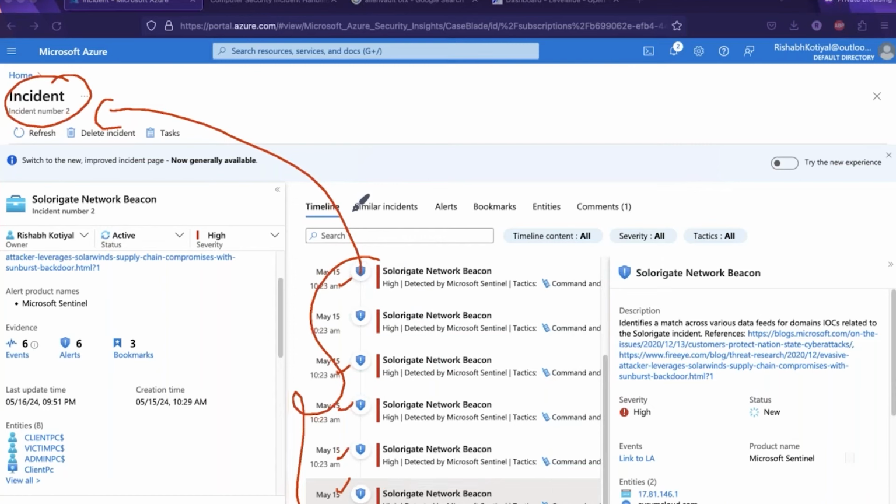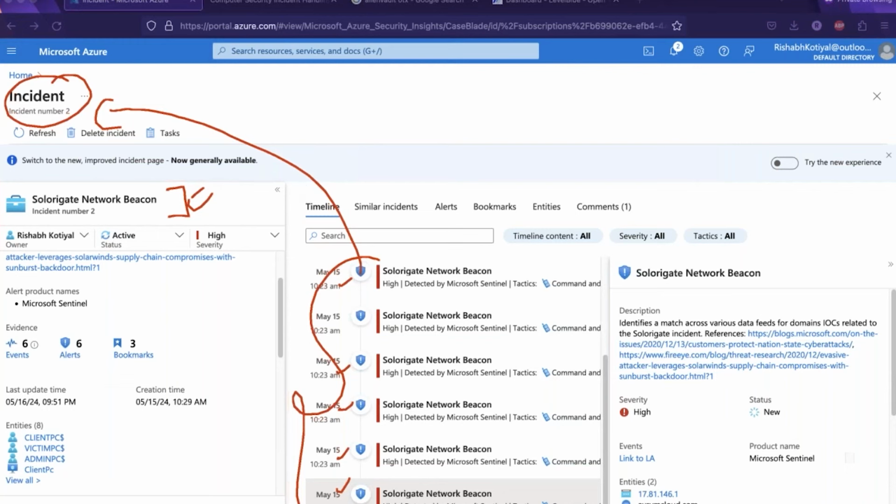All these alerts are saying that they are related and want to tell us a story of what has happened. They told me there are some domains and IP addresses known for spreading the Solarigate network beacons. Familiar with this one? They said to go ahead and investigate this thing.